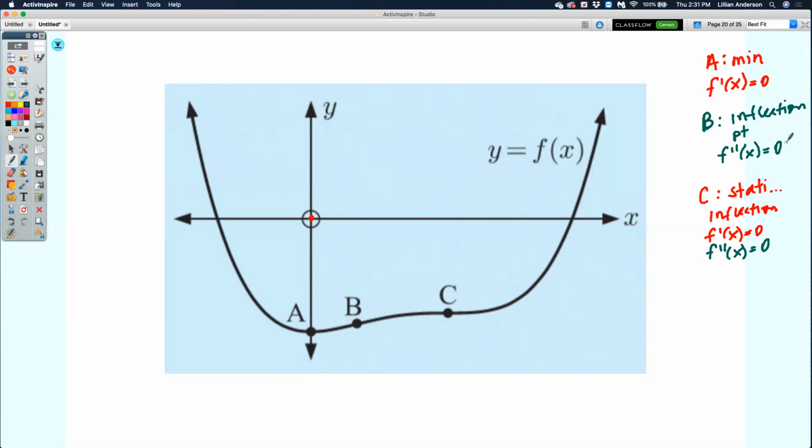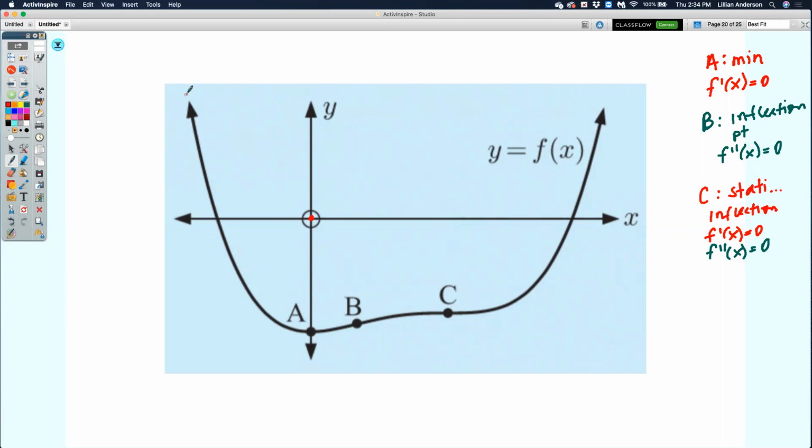Highlighting these things to help us in graphing the first derivative and the second derivative. So now that we've identified each of those points, now let's graph the first derivative and second derivative. Gonna graph them separately to make sure that everybody's understanding.